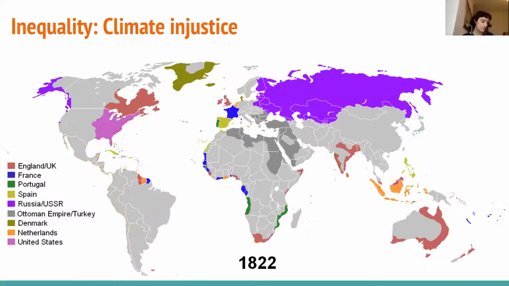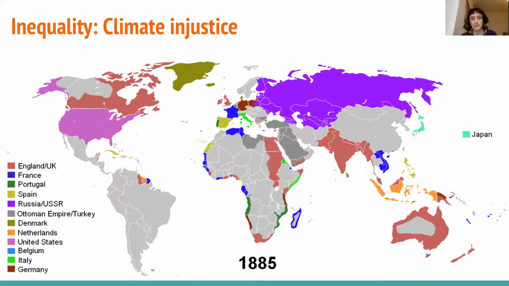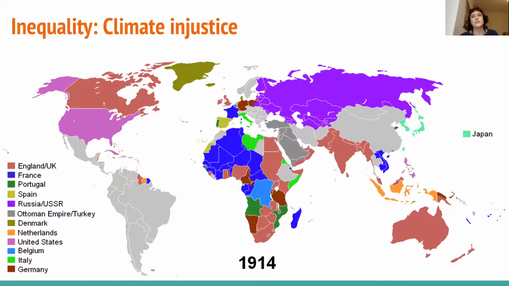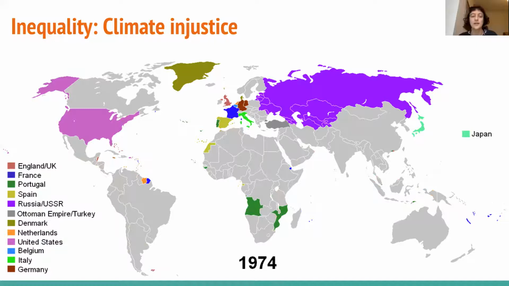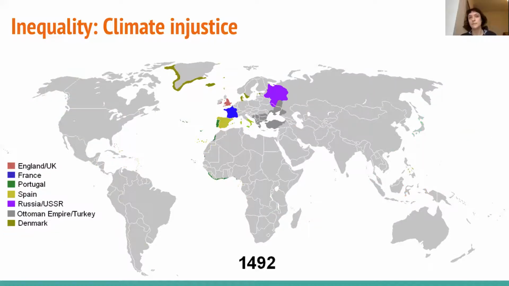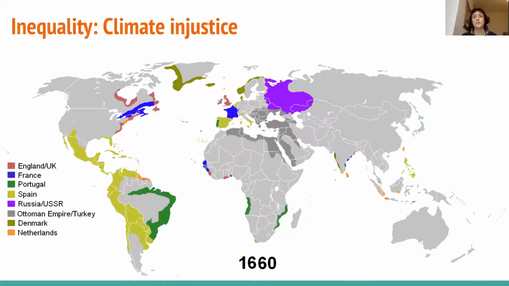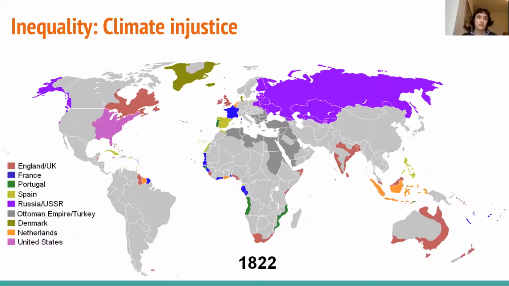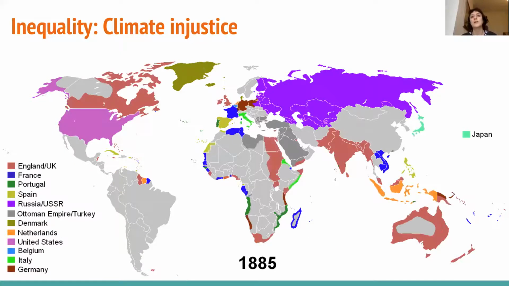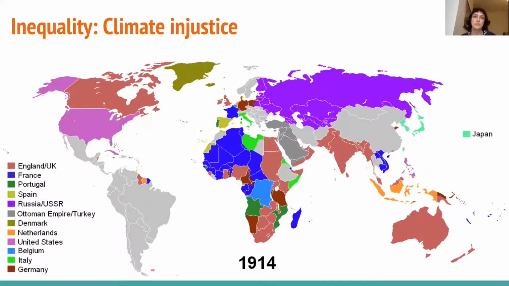And so that's the backdrop of why climate injustice exists. Especially because these colonial nations are also the ones that have the highest levels of emissions, while the people who are dealing with loss and damage for the most part and are most severely impacted are people who have very little emissions. And so there's also that aspect of pollution inequality.